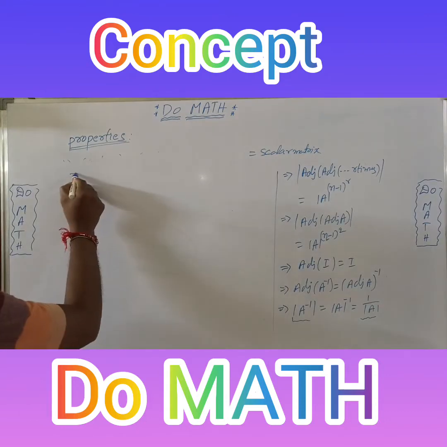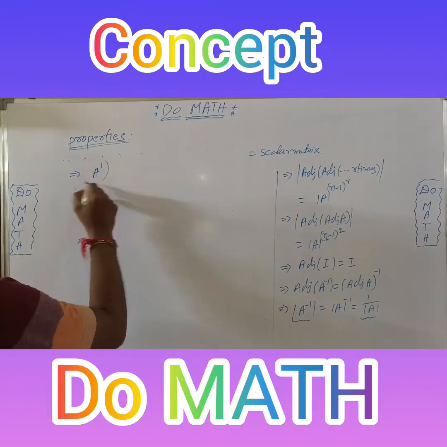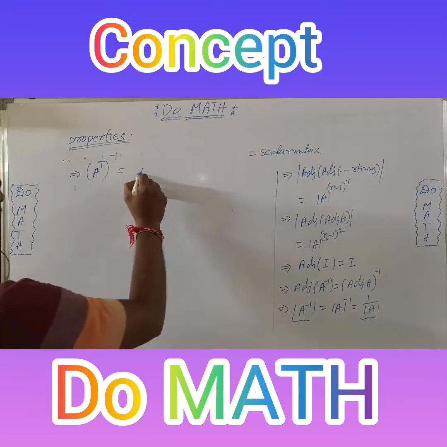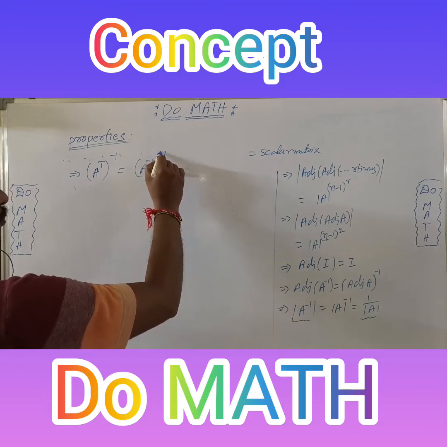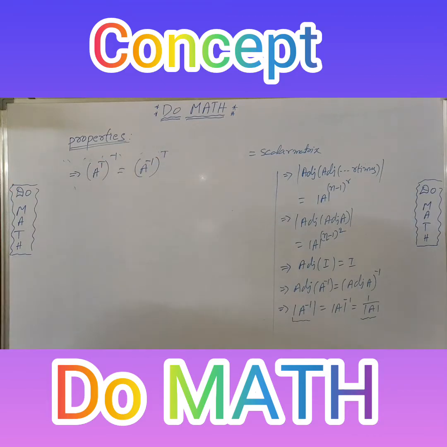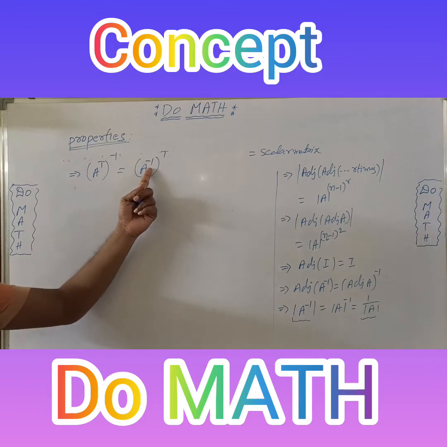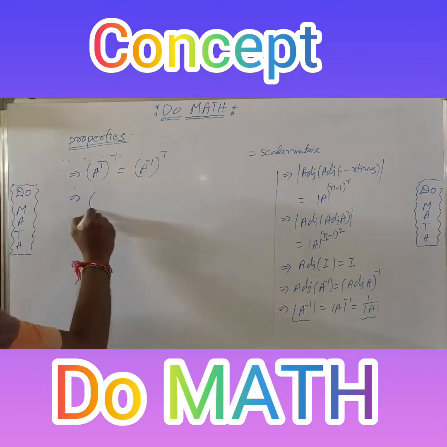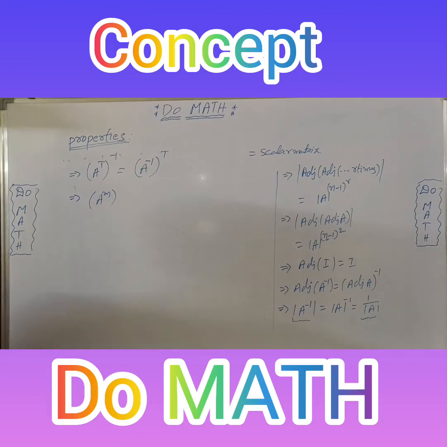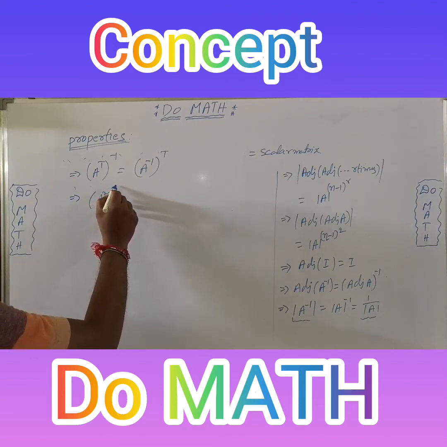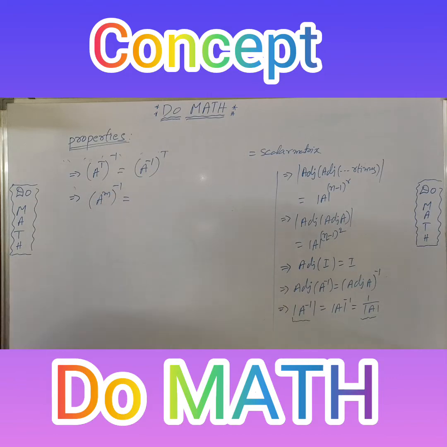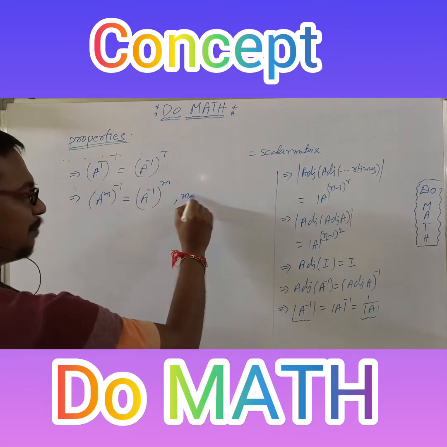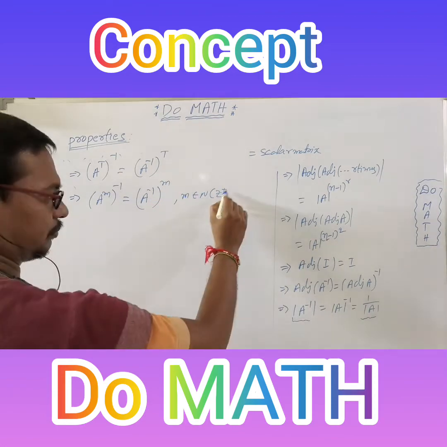And then we have A transpose whole inverse, nothing but A inverse whole transpose. We can do transpose and then find inverse, or we can find A inverse and then transpose. Those two values are equal. Like that, suppose m is any natural number, A power m whole inverse is nothing but A inverse power m, where m is a natural number or positive integer.